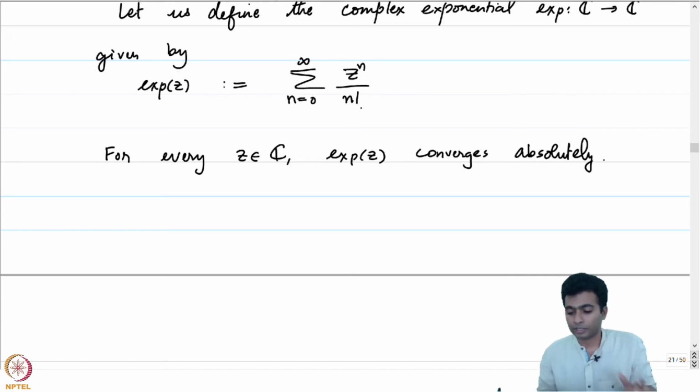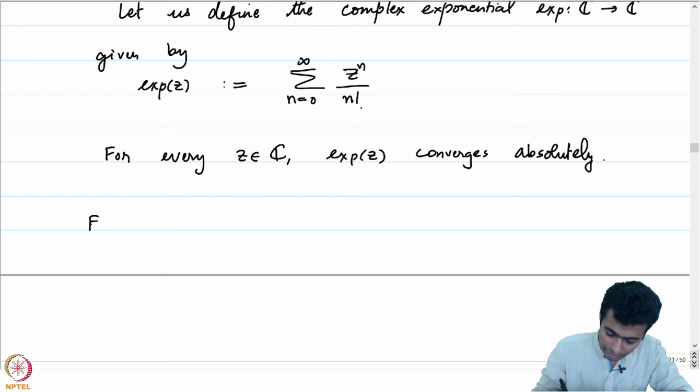The complex exponential also satisfies some properties which are very similar to the real exponential. So let me note it as an exercise. Let us denote by e to the power z the exponential function exp of z, as a shorthand notation.